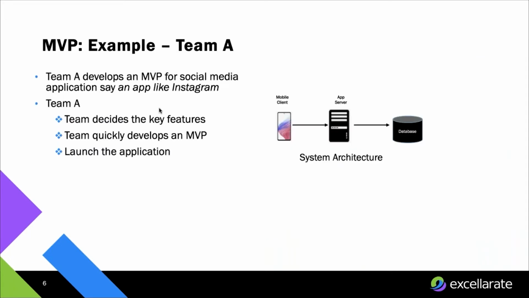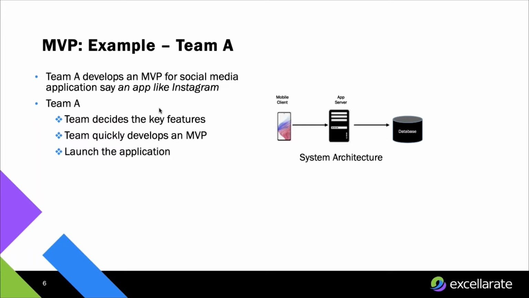Just to be more clear on this, I can give you a scenario with a team, say team A. Team A had to develop an MVP for a social media application, say an app like Instagram. They decide what the key features are and follow a methodology like Agile.